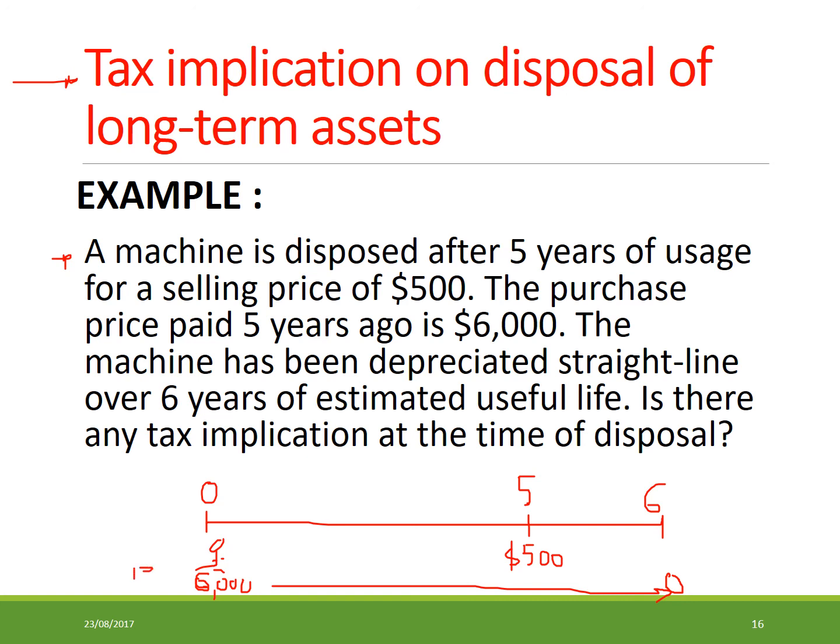So this is our book value. The sale price that we expected to sell at in year 5 is the market value, right? This is what we actually can sell at the end of year 5. Okay. So the question here is, is there any tax implication at the time of the disposal?